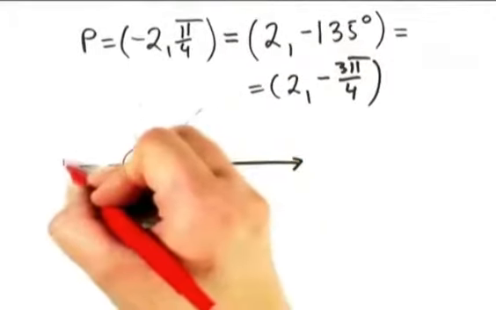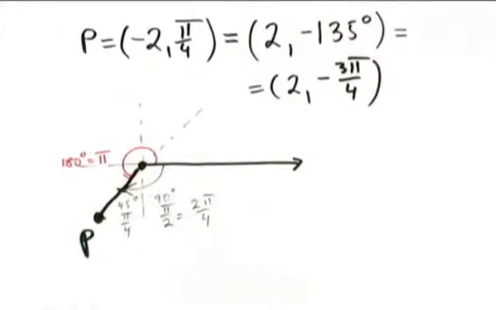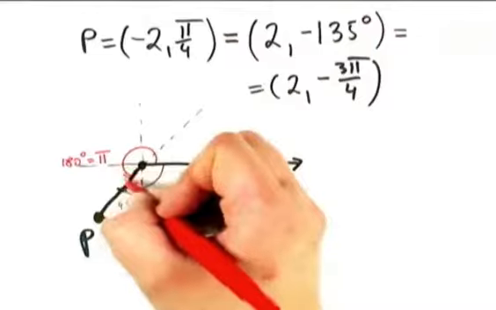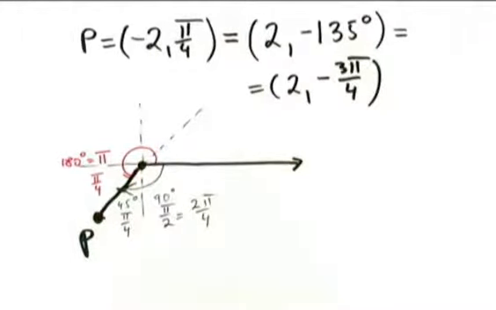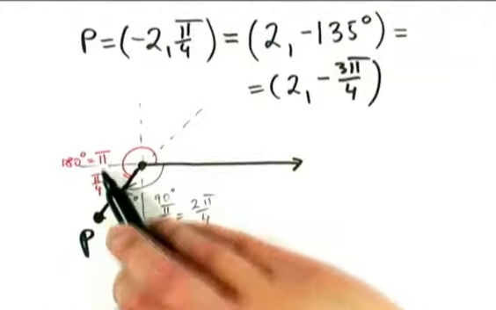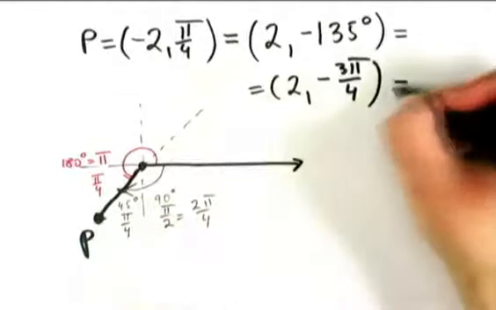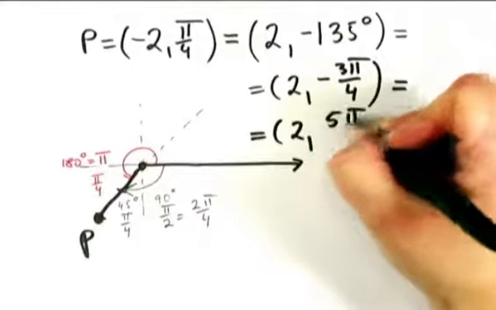We can also represent this in terms of a positive angle, so we can find this angle. Here is 180 degrees or pi, and then we have pi over 4 because this is in the middle. So 1 pi in terms of 4 is 4 over 4, and pi over 4, so this can also be written as 2 and 5 pi over 4.